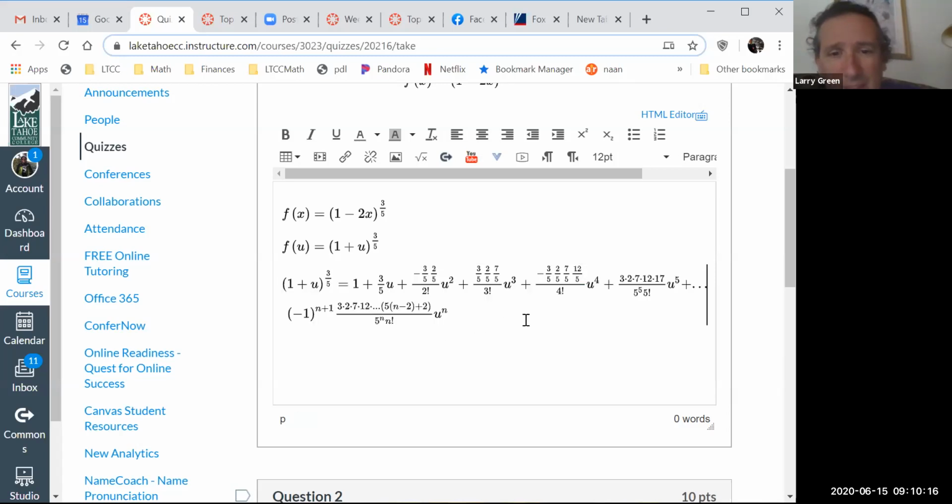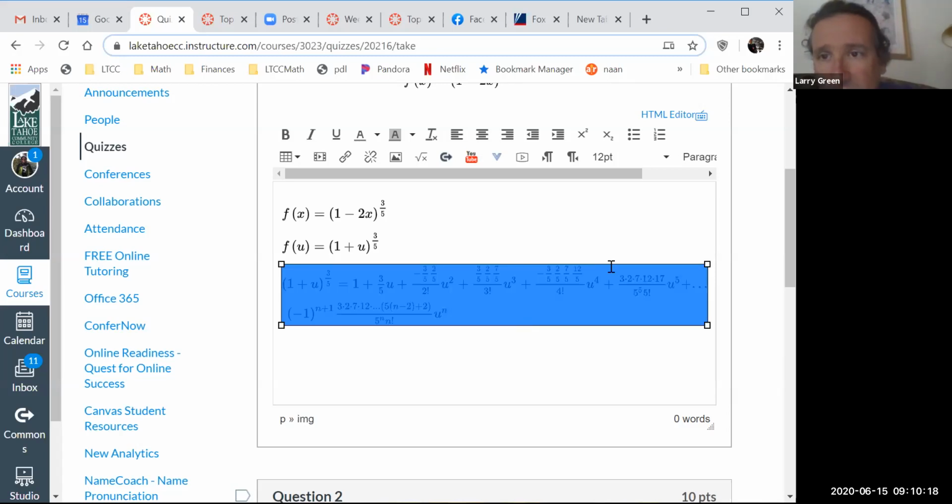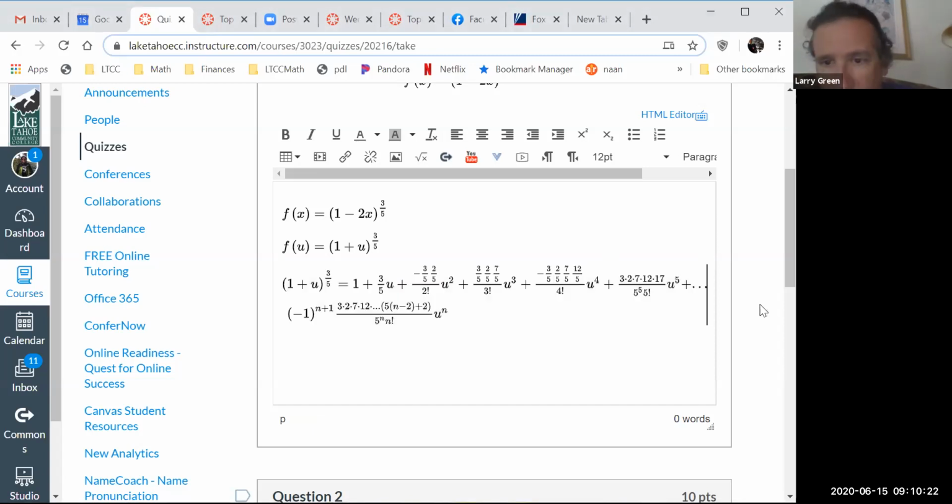Okay, so now let's put everything together. And what we can now do is say, well, u is -2x. Do you see that? So that means that we're going to have a negative out of that. Is that clear? So the good news, first thing, let's just write down the first term, which is 1.